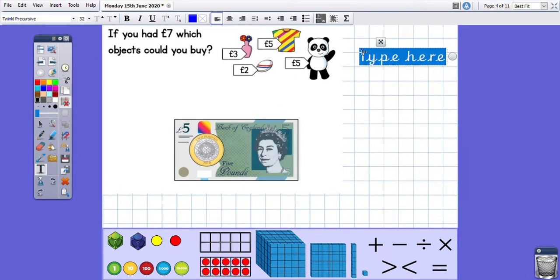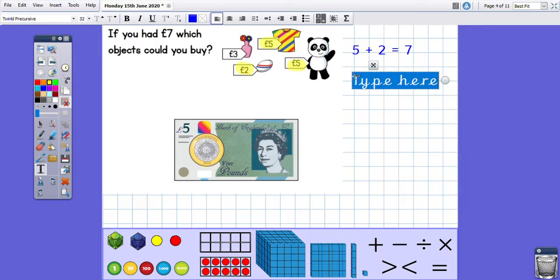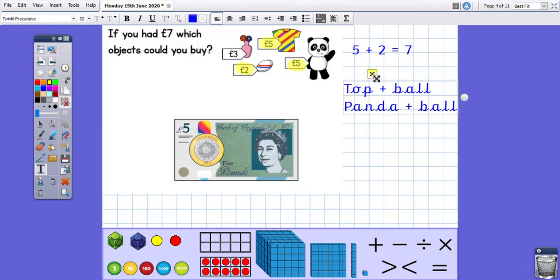So if 5 add 2 makes 7, which items are £5 and £2? I'm going to highlight them. The t-shirt is £5, the panda is £5, and the ball is £2. So the combinations I could buy are the top and the ball, or the panda and the ball, for £7.